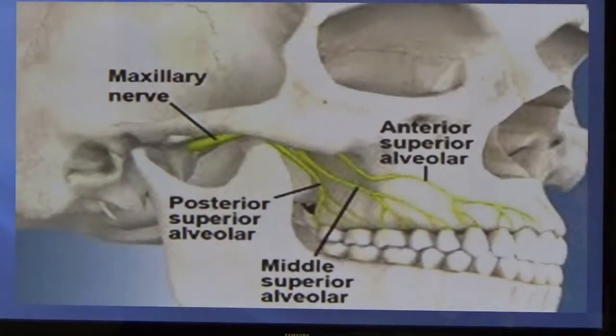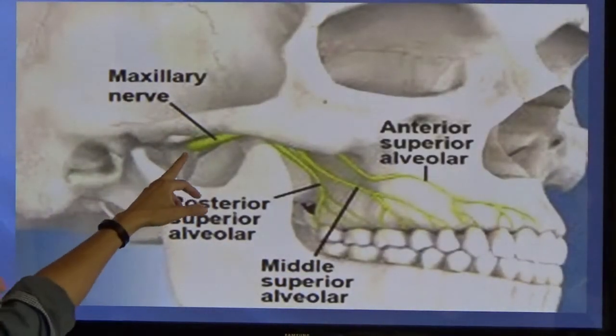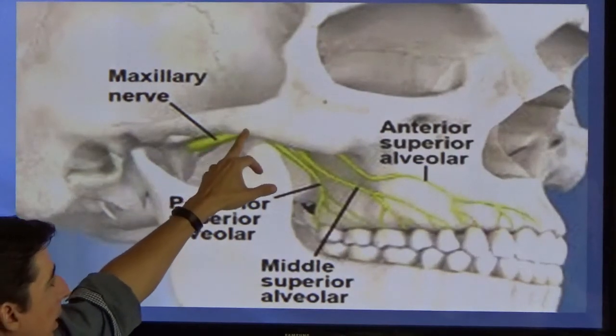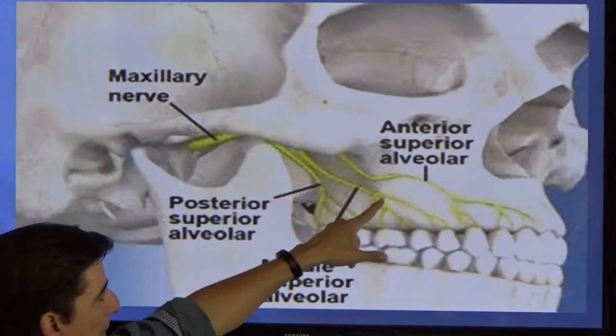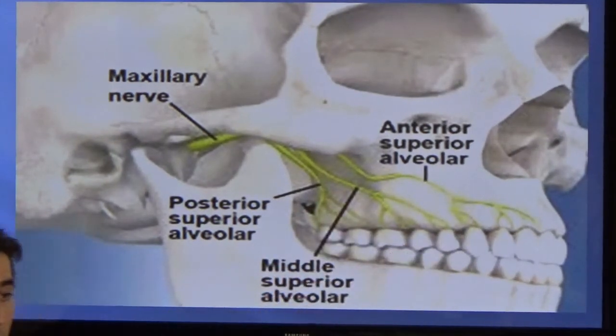So this is why those areas. Here's your main nerve, the maxillary nerve coming out, and then it splits into a posterior, a middle, and an anterior branch. You can see the posterior gets the back, the wisdom tooth, the second molar, and it'll actually come down to the back side of your first molar.